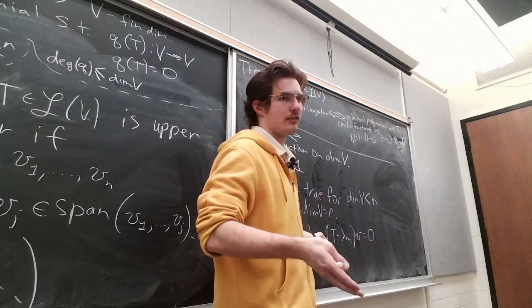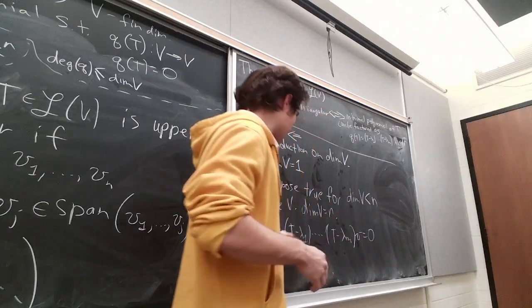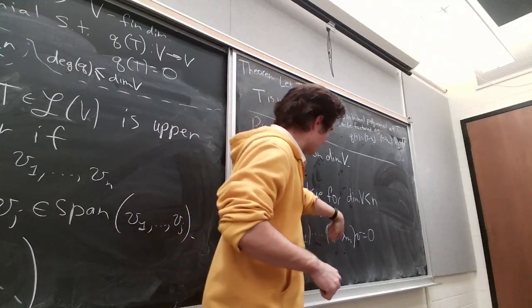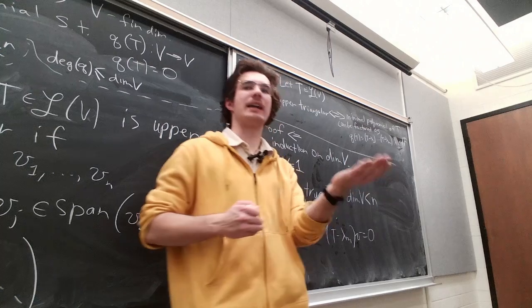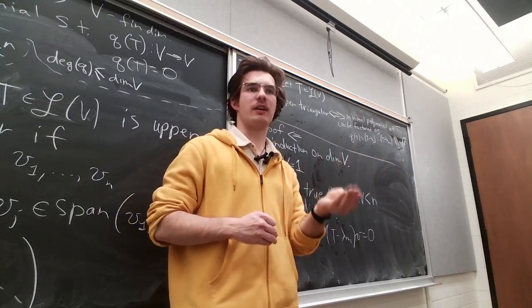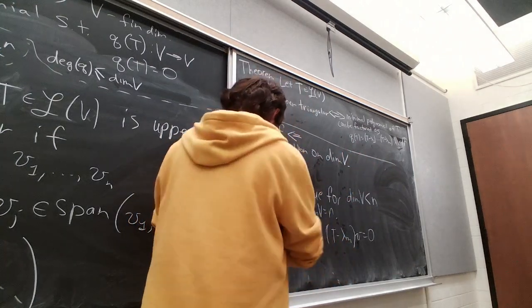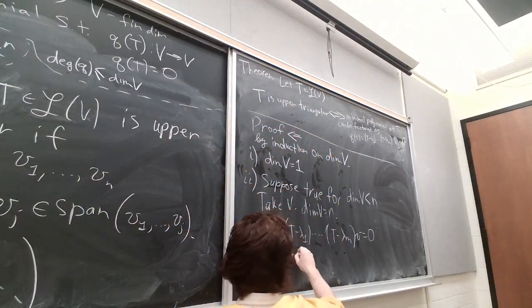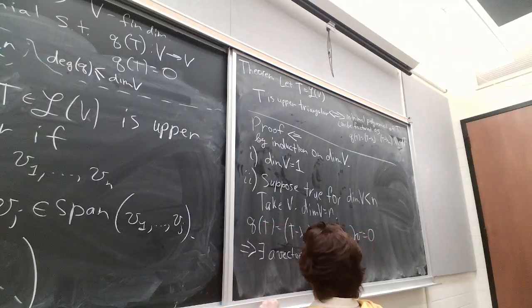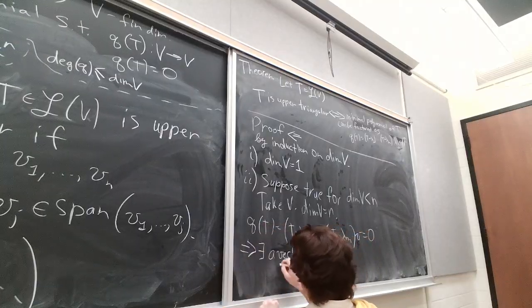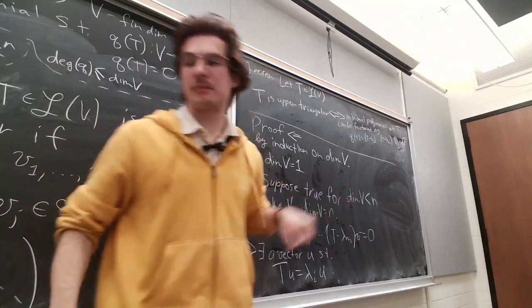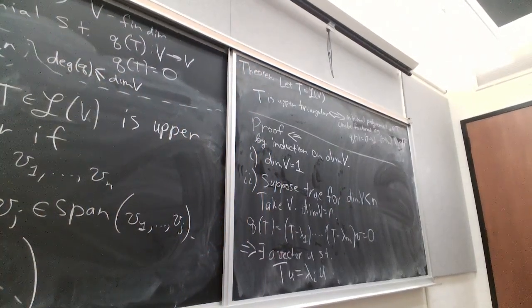If it's 0, I have an eigenvector. If not, I keep going like this, but eventually the thing has to be sent to 0. So eventually, a bunch of these factors applied to v will be an eigenvector of T. From this I conclude that there exists a vector u such that T of u is equal to lambda_i u, for one of these lambda_i's. Do you agree?